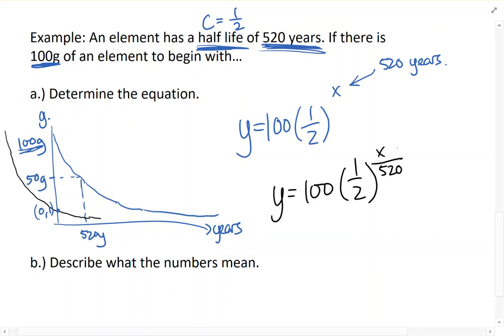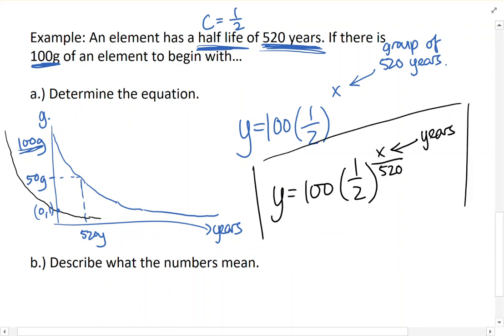So in my black function here, x represents just years. And my function in blue is in groups of 520 years. So both ways would work, but if you write the function in blue, please be mindful that x represents groups of 520, so you'll still need to do the division. So this here is the function that I'll be going with for the rest of the questions.